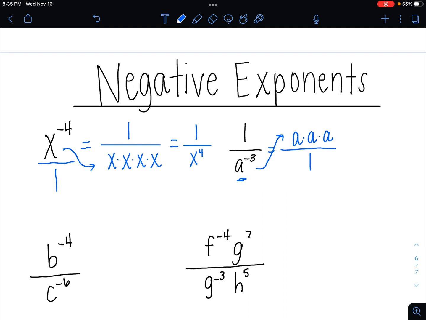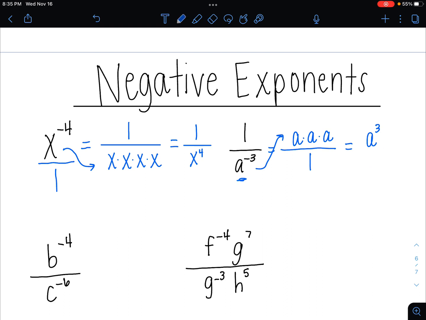Since we switched them into the denominator, we flipped them, they are no longer going to have a negative exponent. And then same with over here, this 1 over a to the power of negative 3 is going to become a to the power of positive 3 over 1. But again, we don't need the denominator.